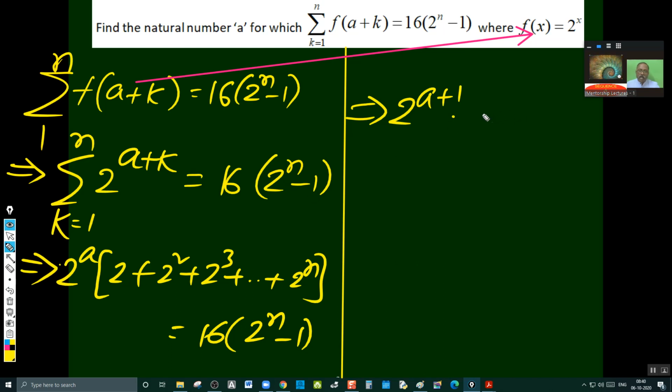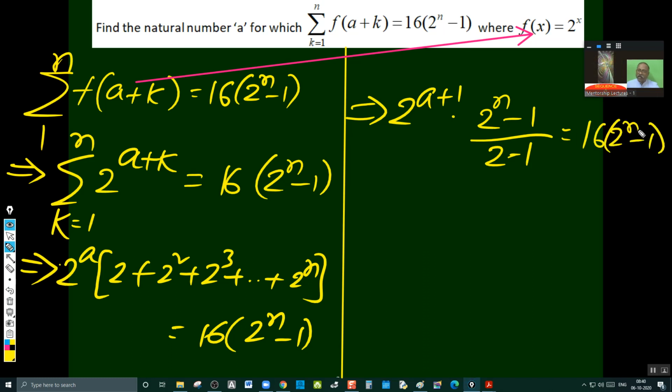A into r power n, that is 2 power n minus 1 upon 2 minus 1, is equal to 16 into 2 power n minus 1, and it is clear. This 2 power n minus 1 gets cancelled.